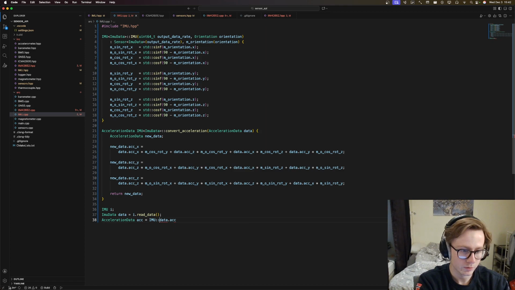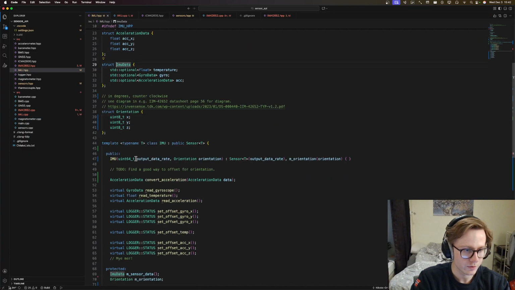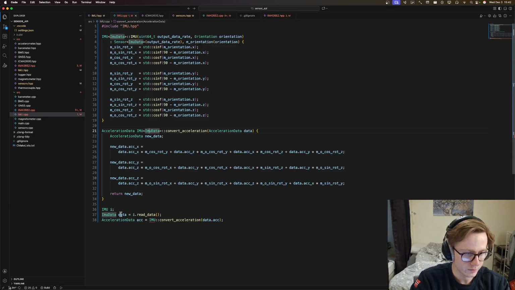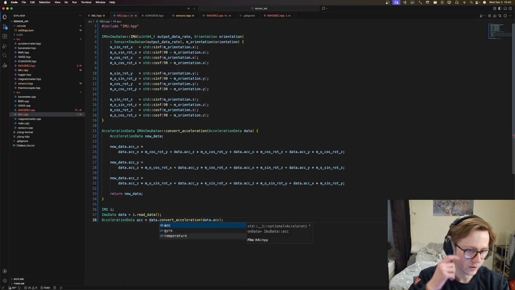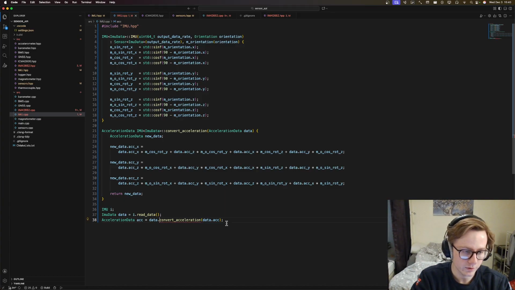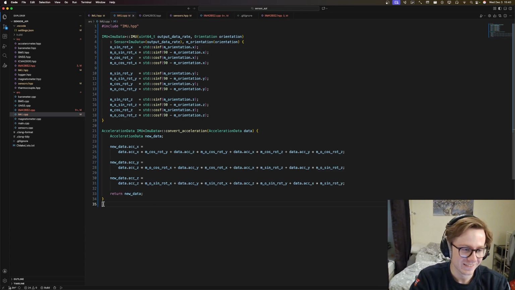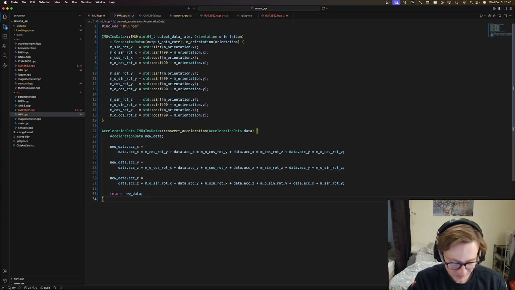Then we do IMU convert acceleration data. Something like this. I wonder if this is how it works, or if you call it on the object. If you do like this convert, I'm not sure. That's a different story. Hopefully that will work. We'll see.